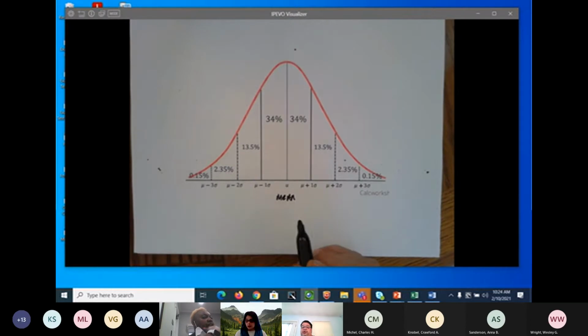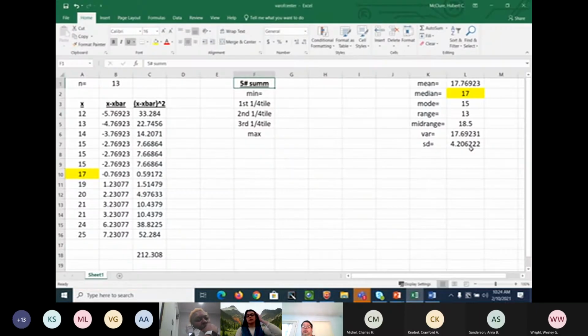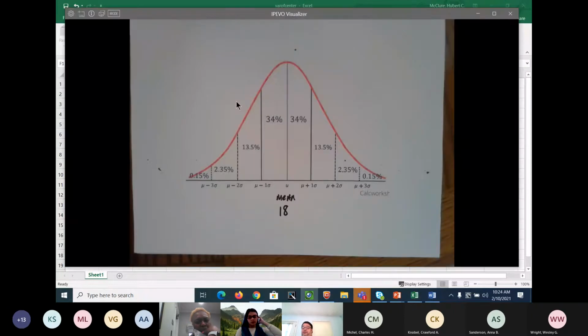So I'm going to pick a mean. I did a problem over here, and we're going to do it today if I get time. My mean is 18, and my standard deviation is 4. Now I'm rounding because I don't want to have to deal with decimals while I'm trying to show you this. So just ignore the decimals, and standard deviation of 4.